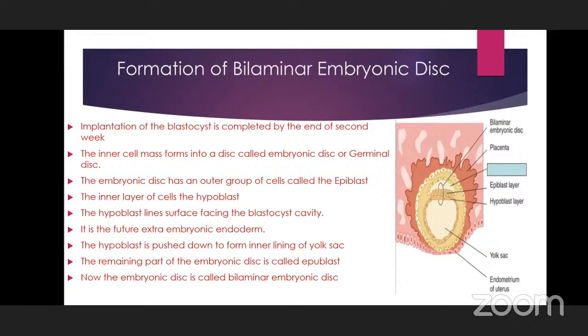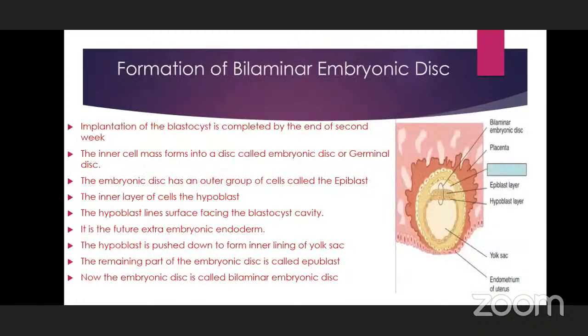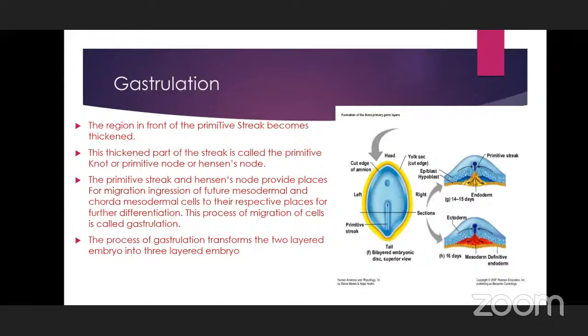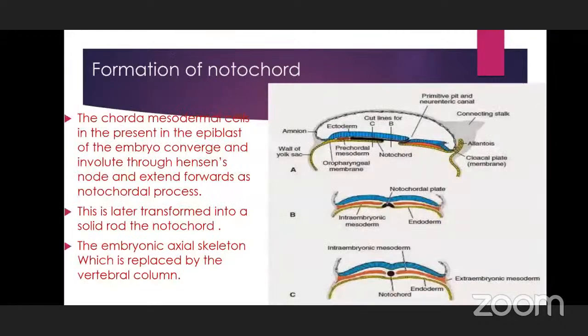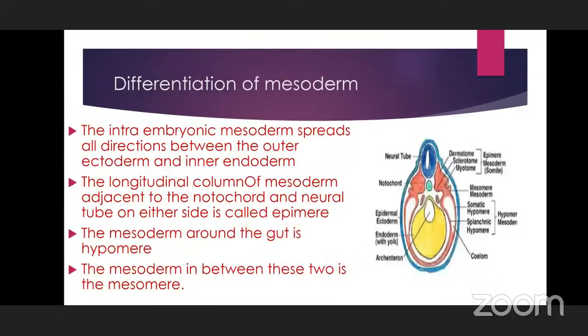Then we discussed the menstrual cycle, fertilization, implantation, the bilaminar embryonic disc, the process of gastrulation, then the trilaminar embryo. Then we discussed the formation of notochord, neurulation, that is formation of the nerve cord or neural plate. Then differentiation of mesoderm. Here we were discussing yesterday where the class ended.